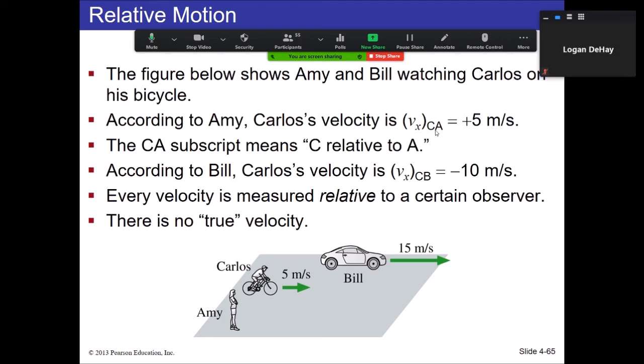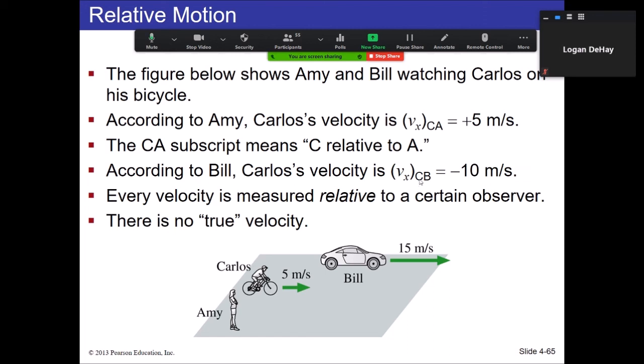Now the CA means Carlos relative to Amy. So the first letter is the object and the second letter is the observer. So that's what Amy sees. According to Bill, though, Bill sees Carlos's velocity to be minus 10 meters per second.